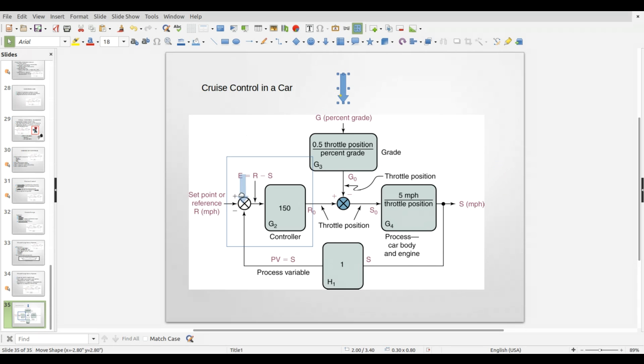It's just an add block or a compute statement inside of our ladder logic. And then we're going to decide what to do based on that error.